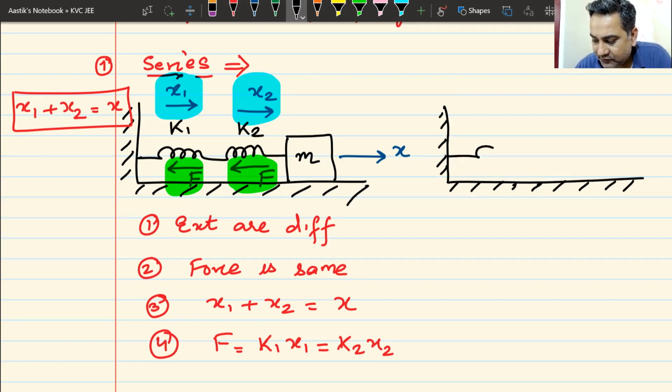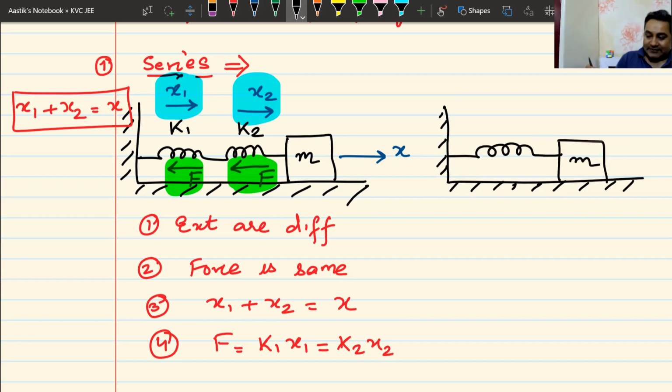If you had seen the series parallel combination of resistors, you could have easily understood this, but doesn't matter. I will try to make you understand. Since this is a series combination of springs, which is same as series combination of resistors, capacitors or inductors, which will be coming in the next year, I can replace this combination of two springs.